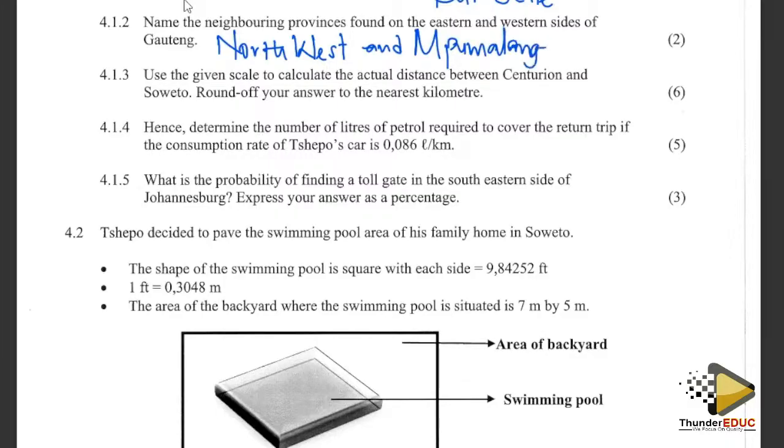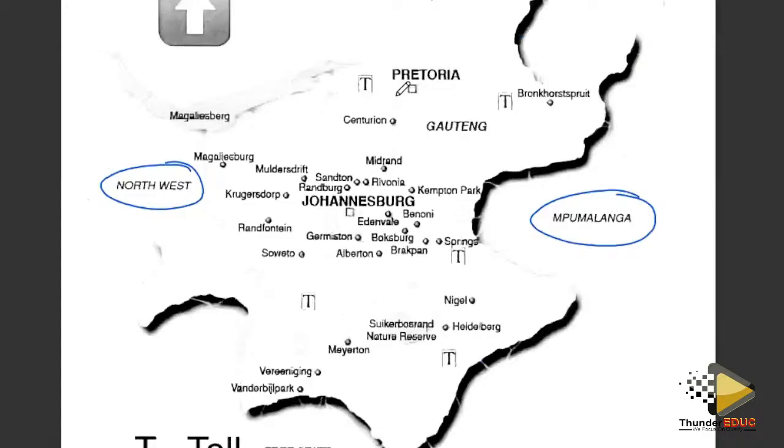The actual distance simply means you need to measure the distance. First, you're going to measure the distance between Centurion and Soweto. You use the ruler on the side in millimeters.